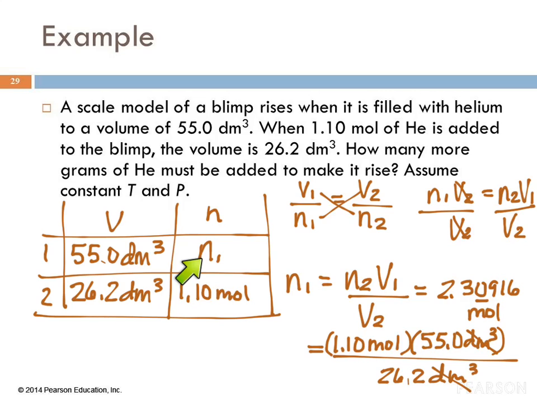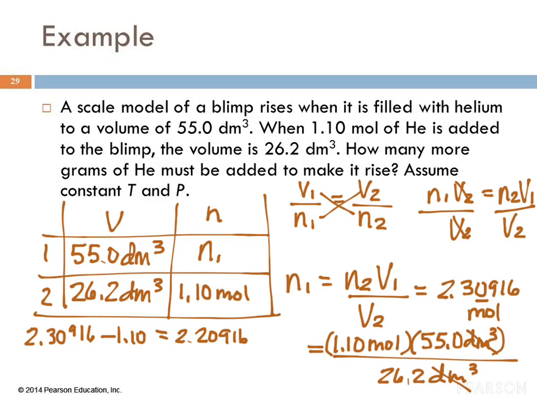How many do we have in there right now? 1.1. How many moles of gas do we need to add? The difference, right? So we need 2.30916, and we have 1.1. So the difference between that is 2.20916.